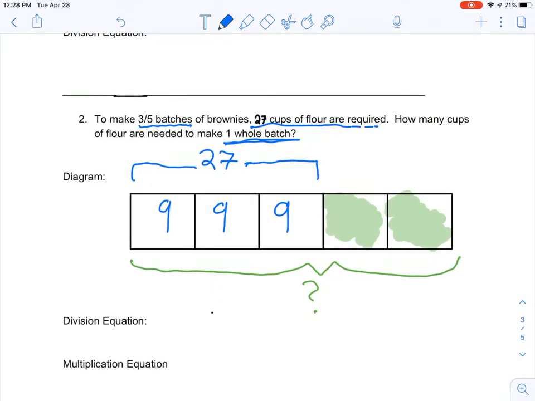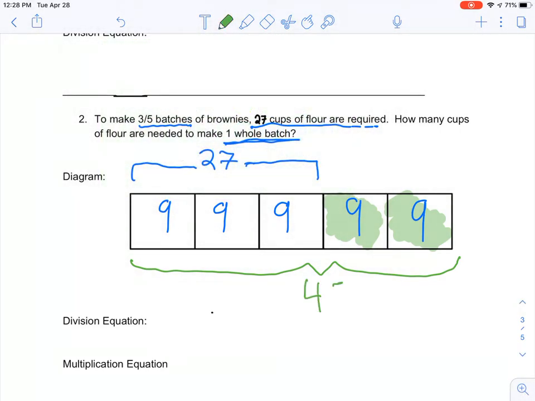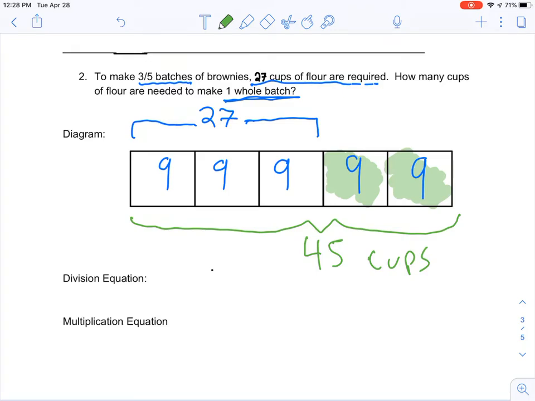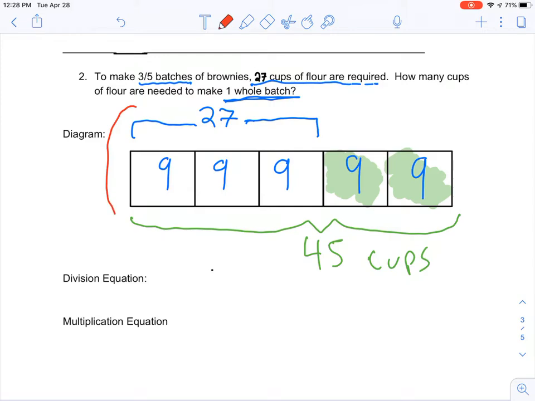Okay, so if 27 divided by 3 groups equals 9, how many will be in the entire box? Well, let's see here. Remember, all the groups must be the same, so let's just continue writing our 9s. 9, 9, and that means that the entire group will contain 9, 18, 27, 36, 45 altogether. 45 cups. Okay, excellent. So now we need to make our division equation, and we remember that division goes from the top to the bottom.